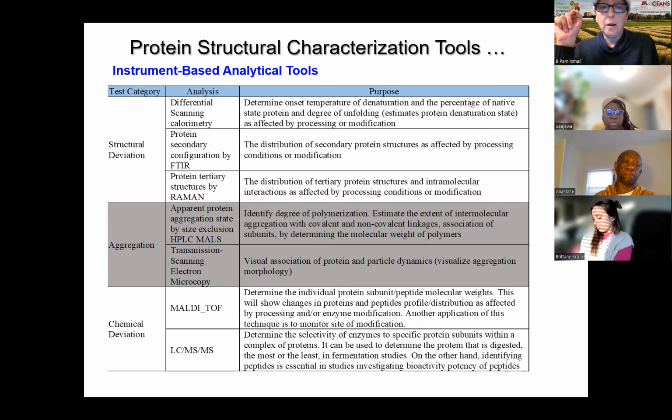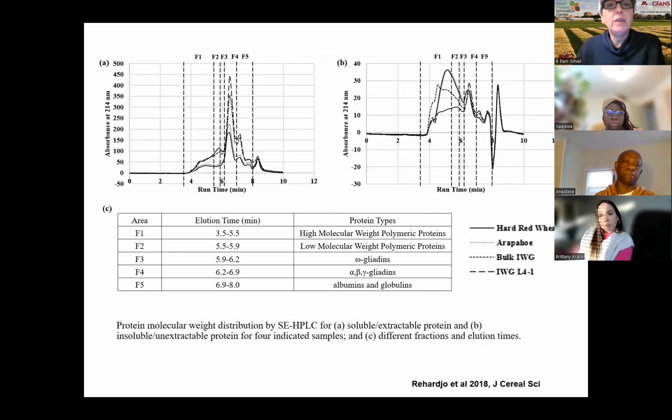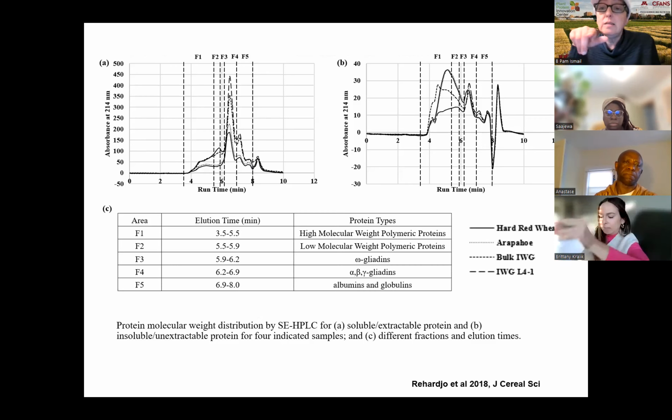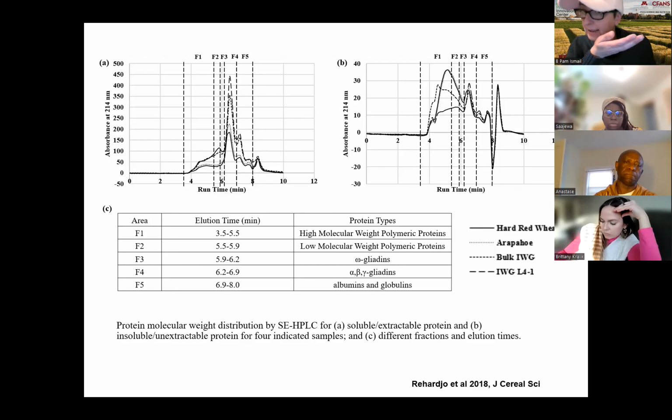We can run, let me see if I have, yes. So here we can run size exclusion. And in this case, we also look at molecular weight distribution between the two grains. In this example, hard red wheat and intermediate wheatgrass.